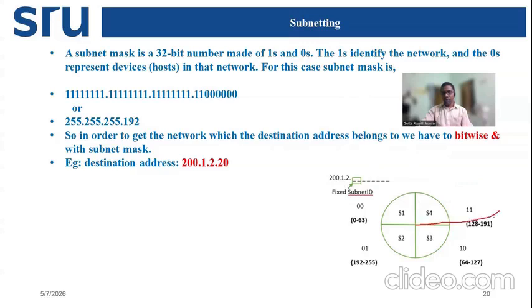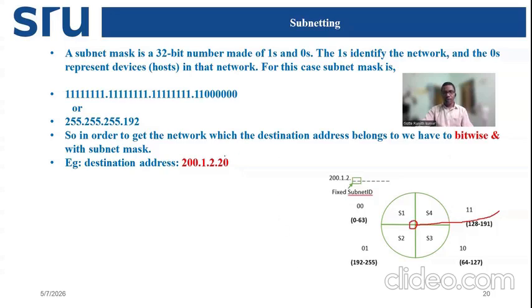From the outside, one message is sent to this network. First it reaches this router. For this router, 4 subnetworks are connected. Now, based on the subnet mask and destination address, this router will decide in which subnetwork the destination exists. Then that data will be forwarded to that particular subnetwork.